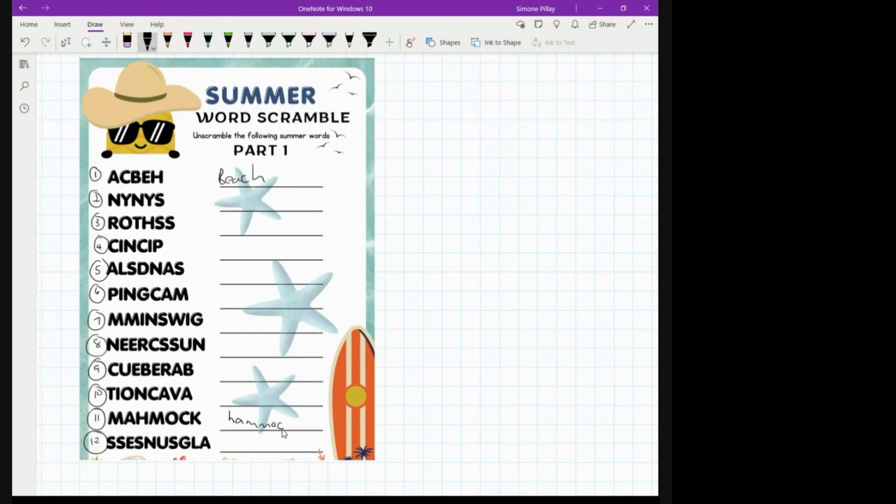Yes. Number 8 is sunscreen. Beautiful. Number 7, I think it's swimming. Yes, it is. And then I think number 12 is sunglasses. Yes, Uma also said that.